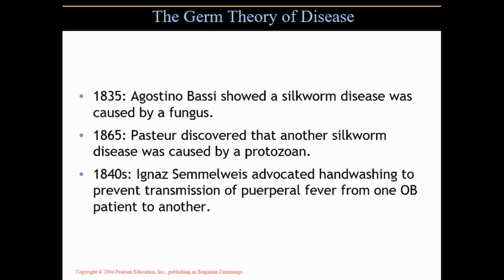And Ignaz said, hey, we should wash our hands, and take care of that. As a result of his work, the number of cases of puerperal fever went down. But that's only part of the story. I'll tell the rest of the story later in another chapter when we talk about transmission.